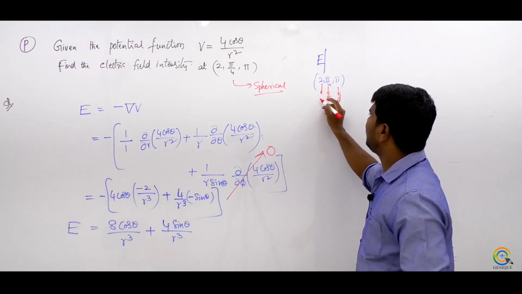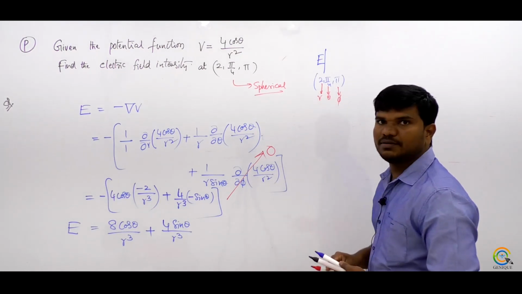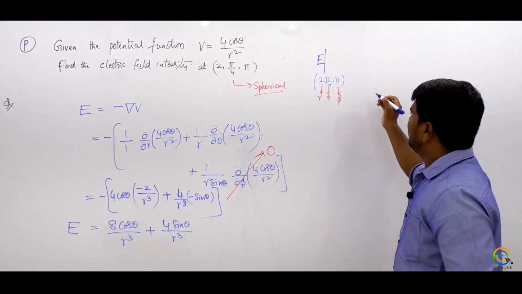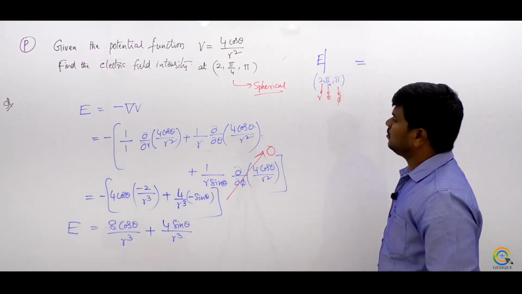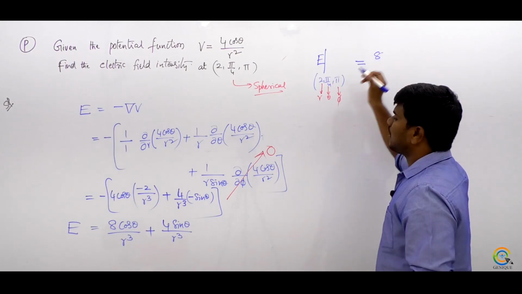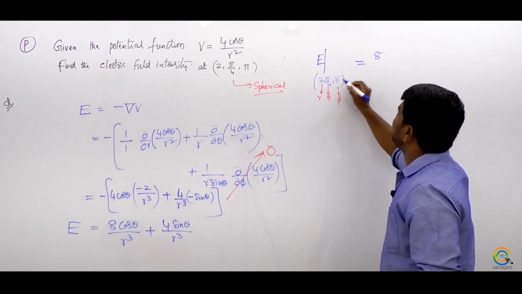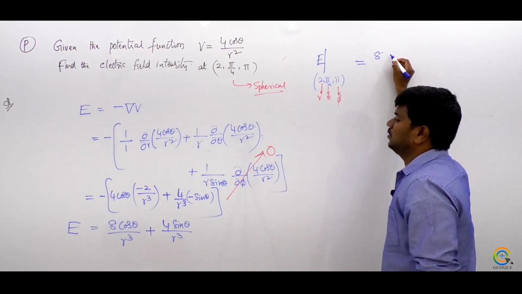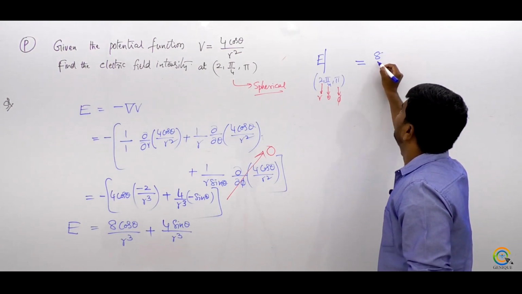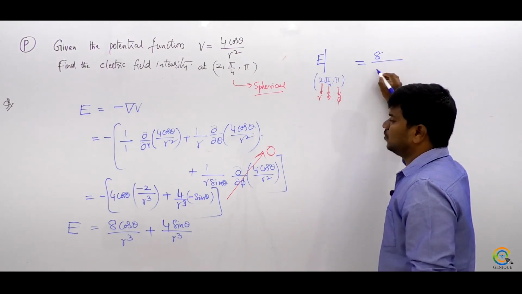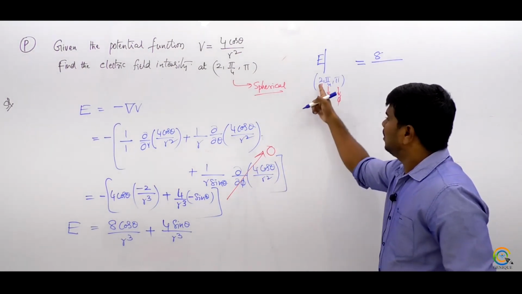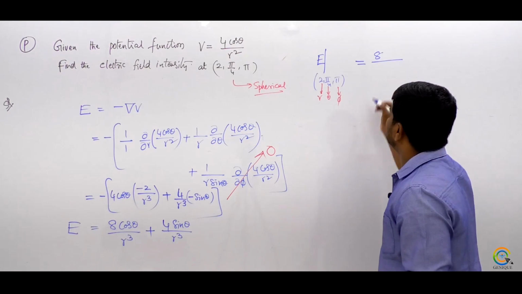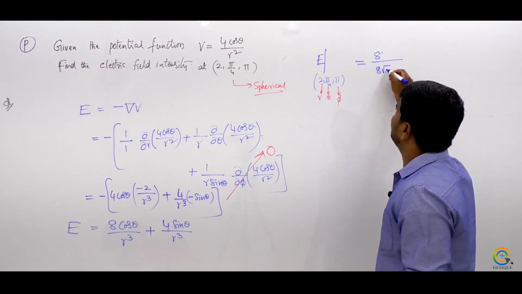So this will be equal to what? 8 cos theta. Cos theta is cos pi by 4. Cos pi by 4 is what? 1 by root 2. R cube is 8. So this will be 8 root 2.